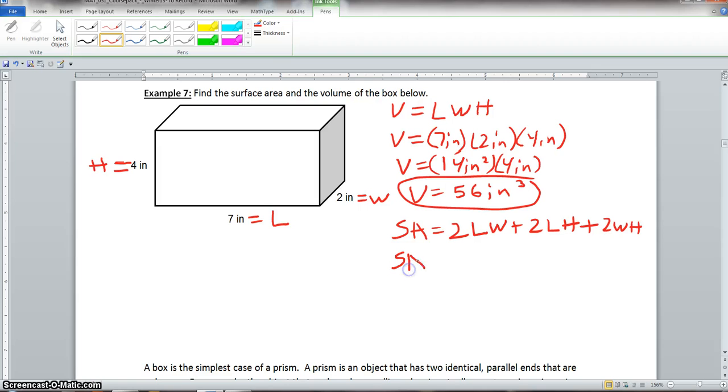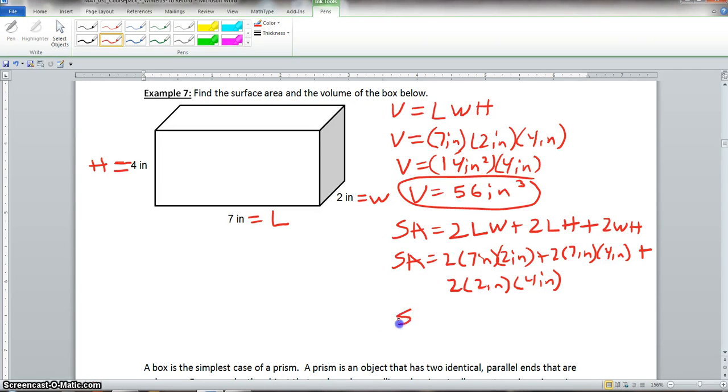Now we have the surface area is equal to 2 times the length is 7 and the width is 2, plus 2 times the length is 7 and the height is 4. Now I ran out of space here, so I'm going to put plus 2 times the width is 2 and the height is 4.